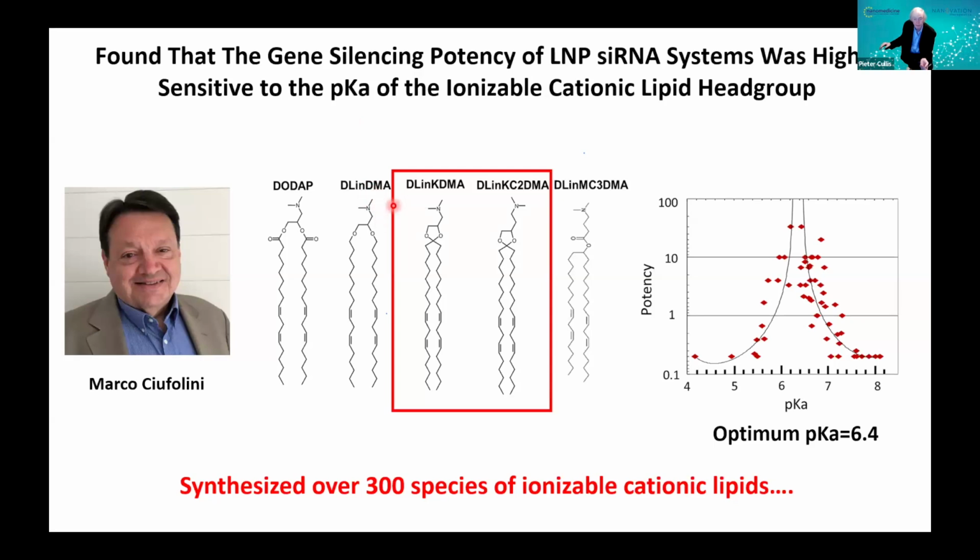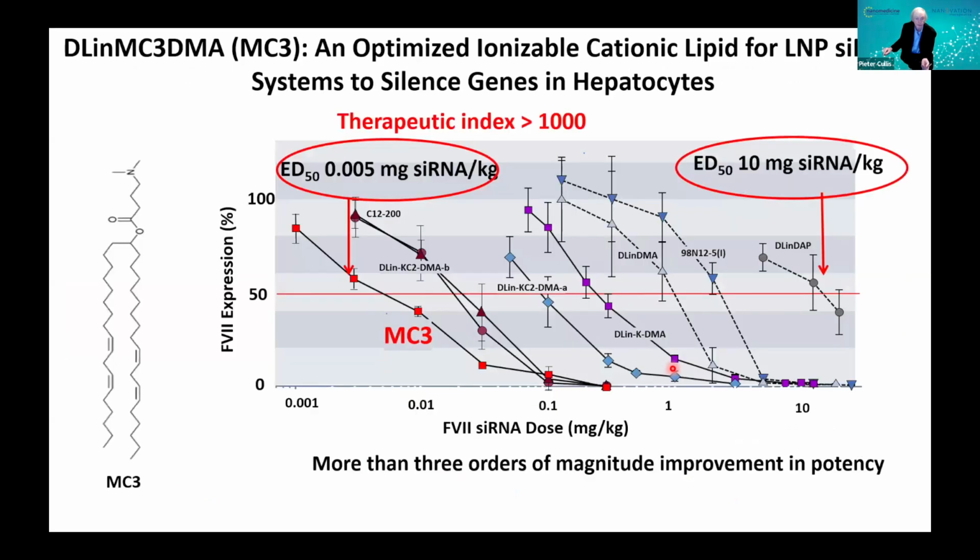But what we found was that if we varied the pKa of the ionizable cationic lipid head group, that could very dramatically increase the potency of these systems. This is a log scale on the y-axis. And so you can see that it's very sensitive to the pKa of the ionizable lipids. Over the course of the collaboration, we went from an ability to silence a gene in the liver, to silence factor 7, requiring more than 10 mg per kg.